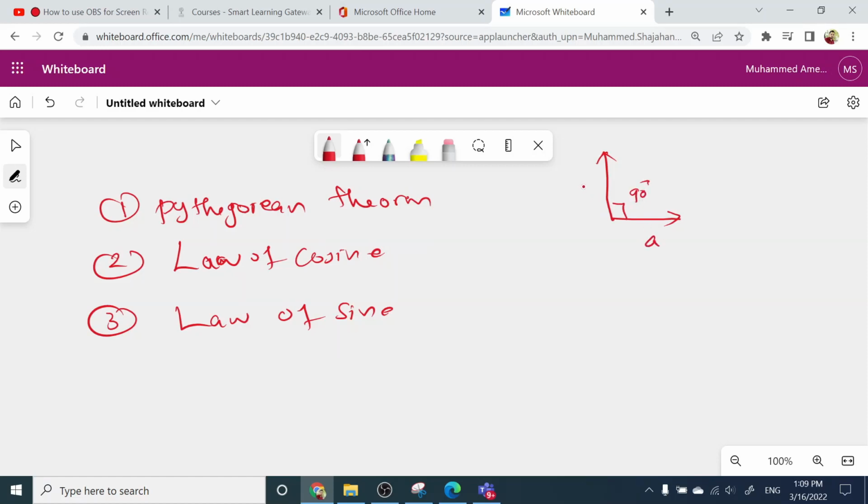If it is vector A and vector B, then the sum of these two vectors is equal to the square root of A square plus B square. Then the law of cosine: if the angle between two vectors is not 90 degrees, for example this is vector A and this is vector B, then we will use the law of cosine.